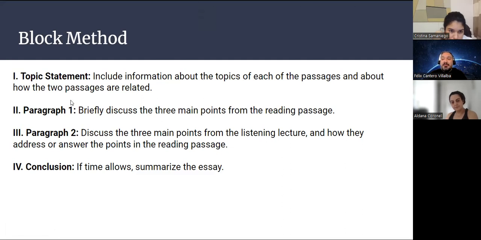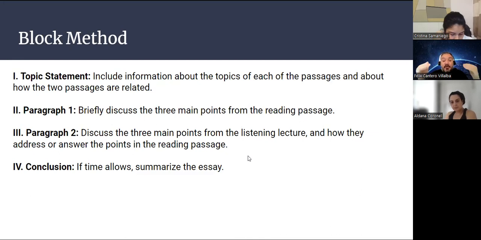In paragraph 1, you briefly discuss the 3 main points of the reading passage. Why briefly? Because you already have it there, so it's not too much ability to just put it there. What you are showcasing there is your ability to summarize and paraphrase. So make it shorter and paraphrased. And then in paragraph 2, you discuss the main points of the listening lecture and how they are related to the reading.